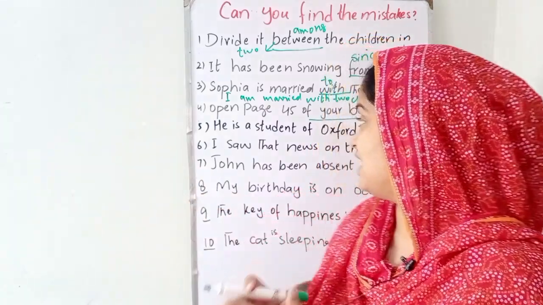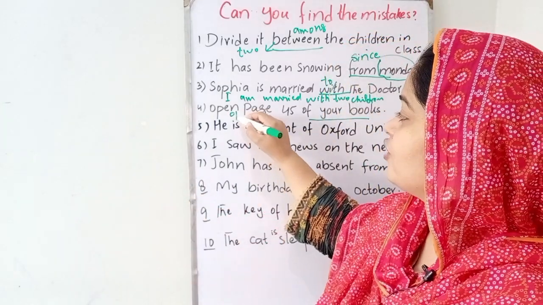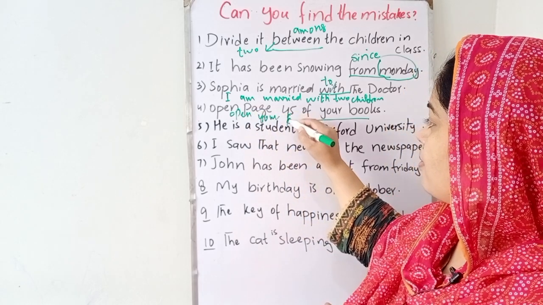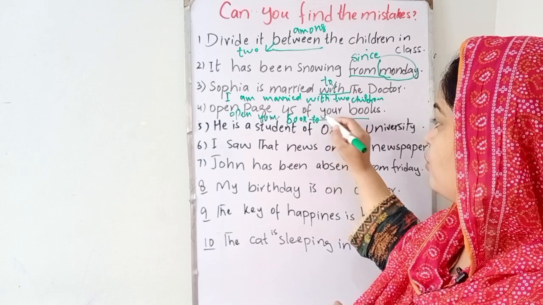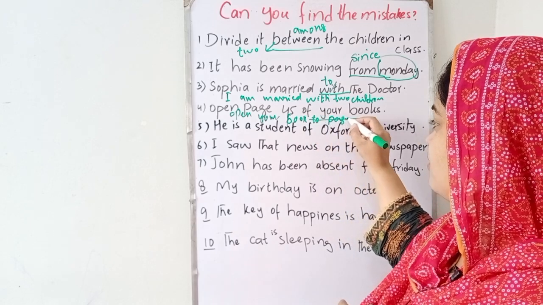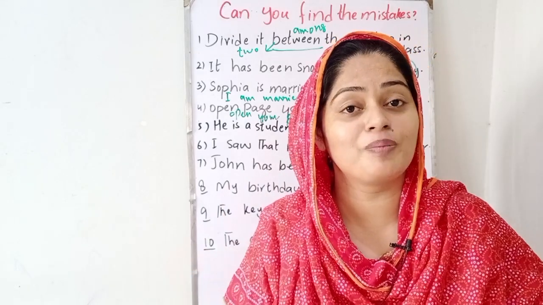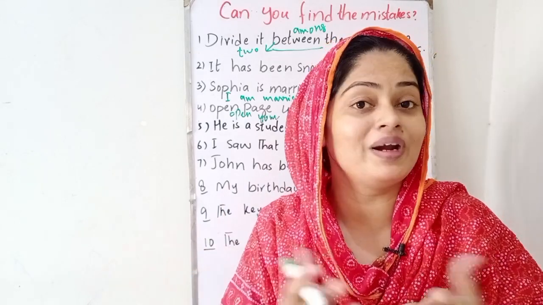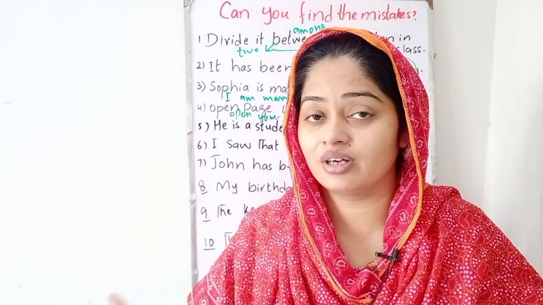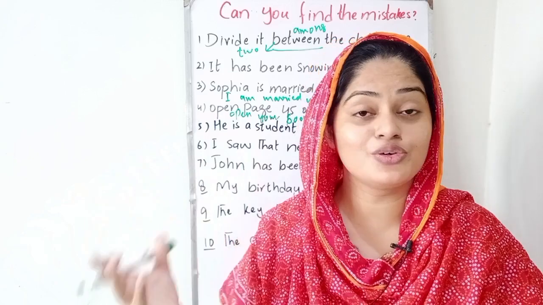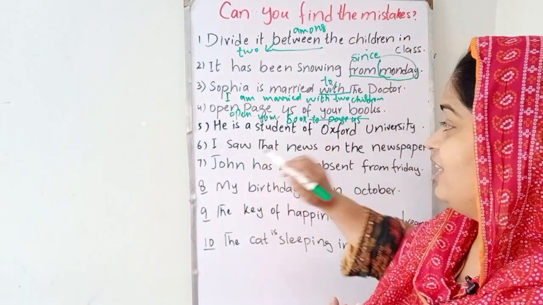So you should say here, open your book to page 45. Open your book, because books are opened and shut, books are opened and closed, it's not the pages. So say, open your book to page 45.